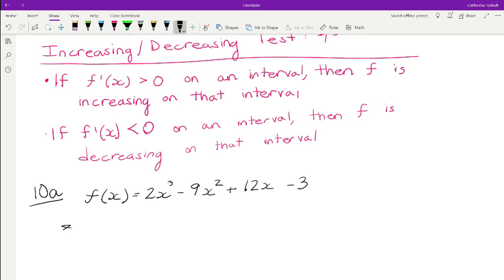So again, we're going to find intervals where f is increasing or decreasing.